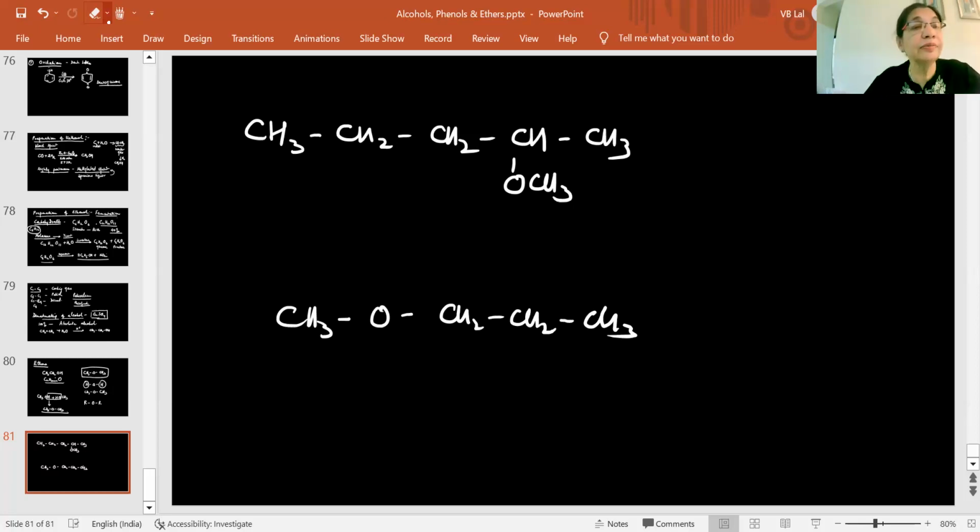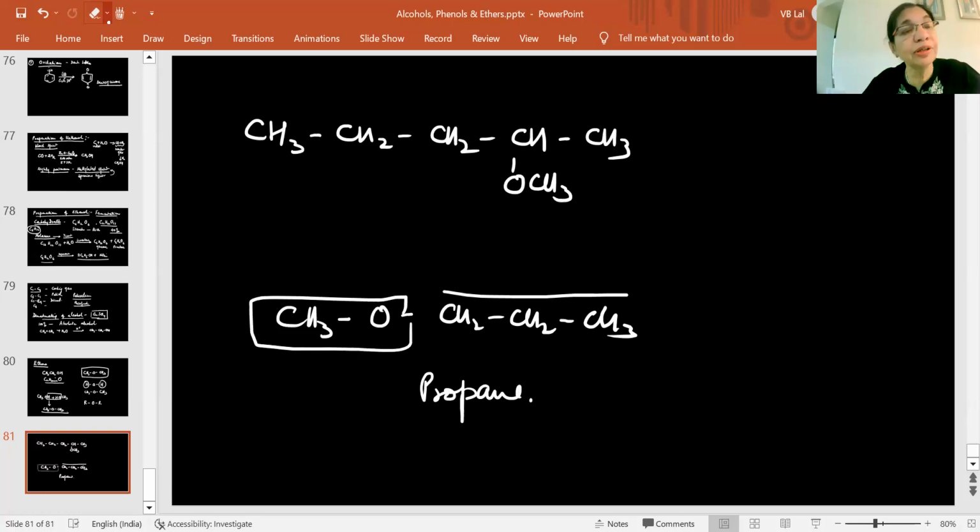This ether has oxygen and a different carbon chain on either side. What is the way of naming? First, take the longest chain. What is the longest chain? Propane, right? And this is the branch, the prefix, on carbon atom number 1. So what will I call it? 1-methoxypropane.